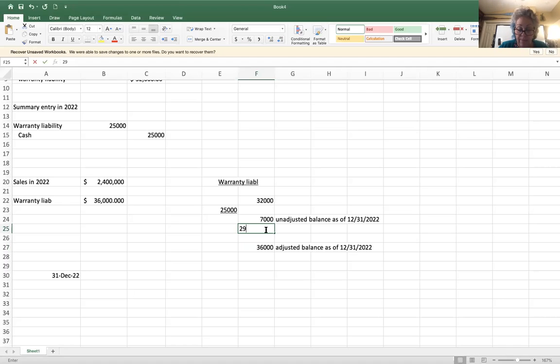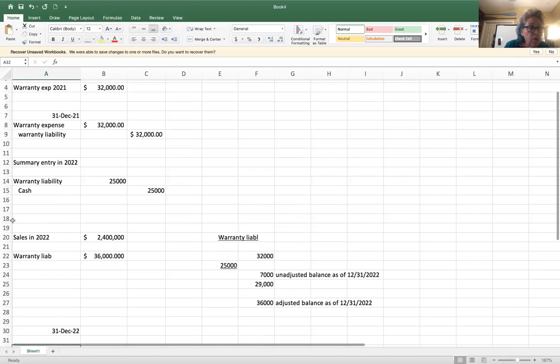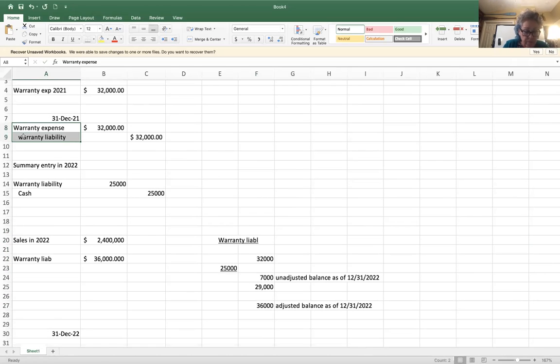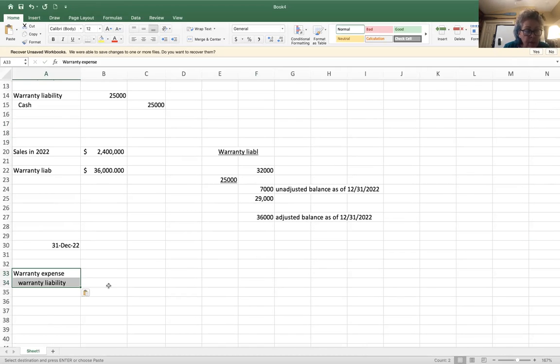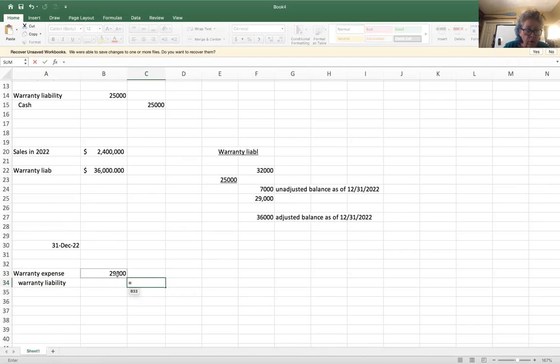29,000. Good. I'm going to need to credit it for 29,000. So my adjusting entry at December 31st, 2022 would be to debit warranty expense for 29,000 and credit the warranty liability for 29,000.